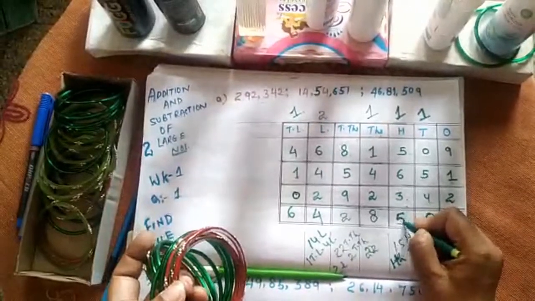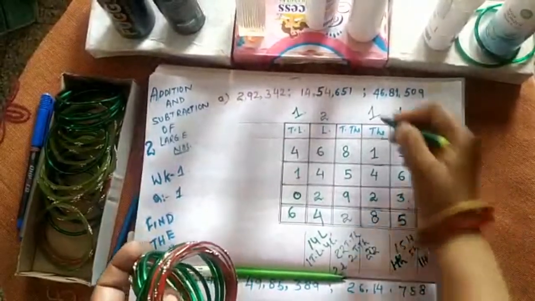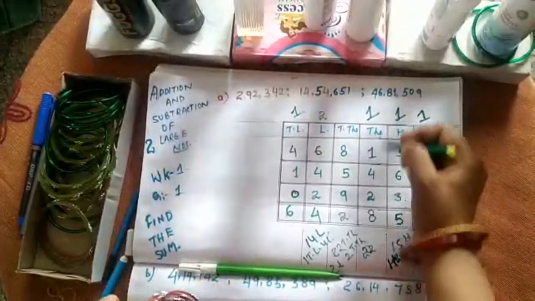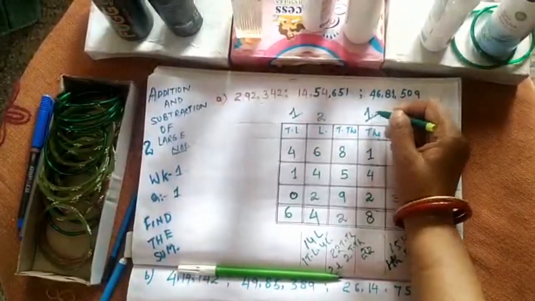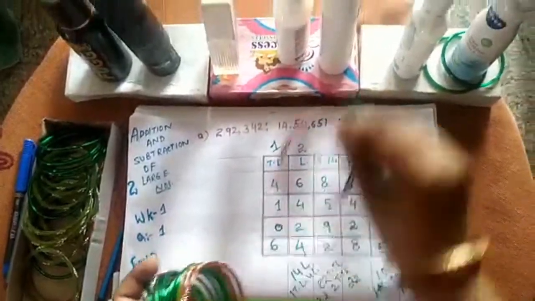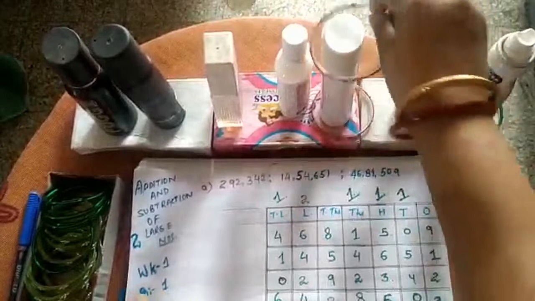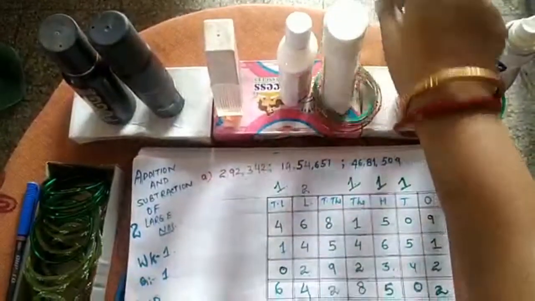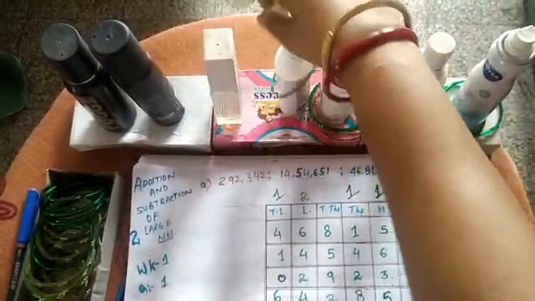So 500 will stay in the hundreds column and 1 thousand will be taken as a carryover. Here in the hundreds column it is 5, and 1 is a carryover to the thousands column.